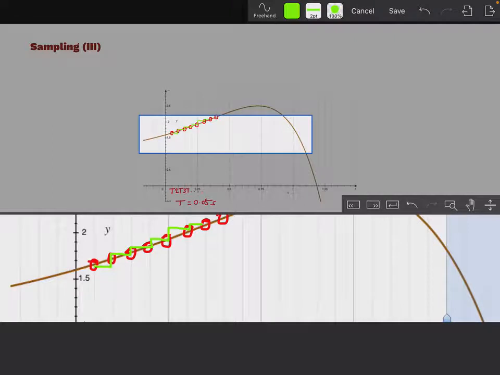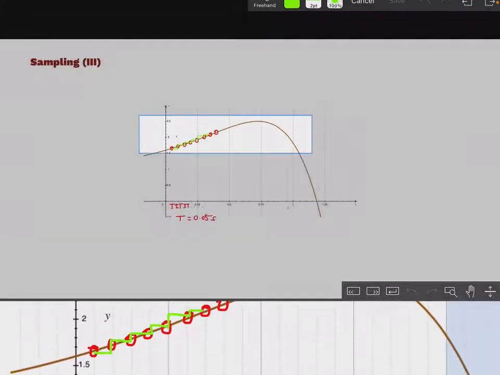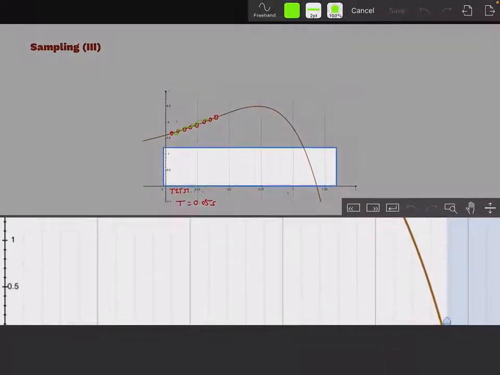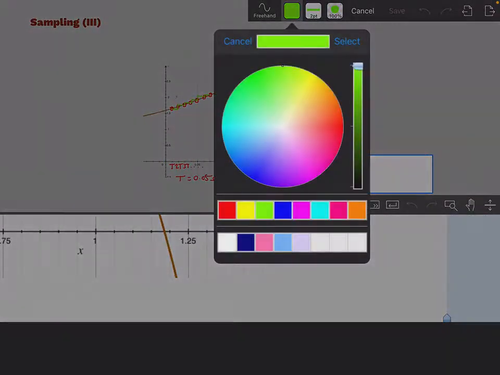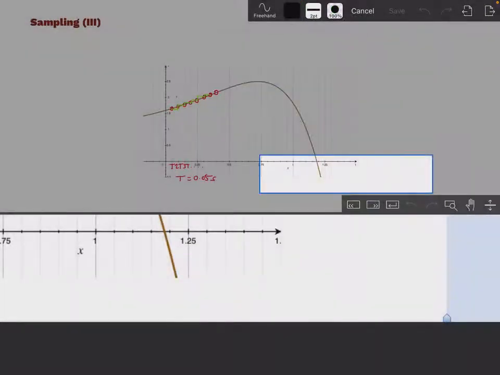Okay, so that will be our signal then. Now, let me just write some little details here as well, just to make sure that we're on the same page. So this is our time axis.